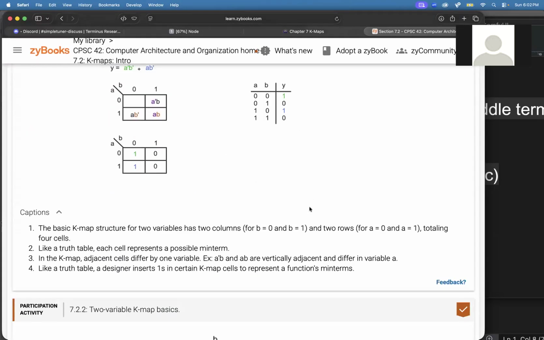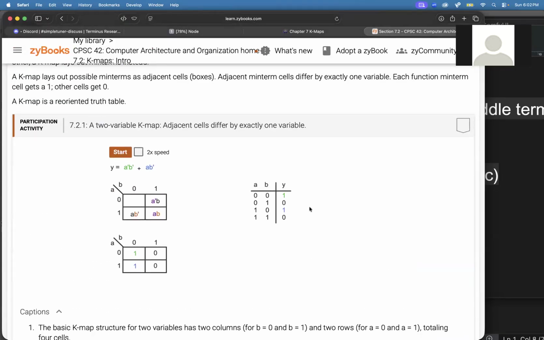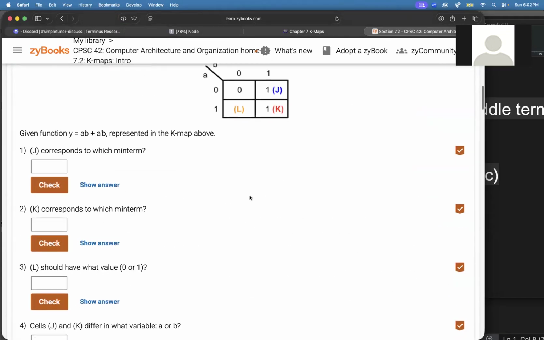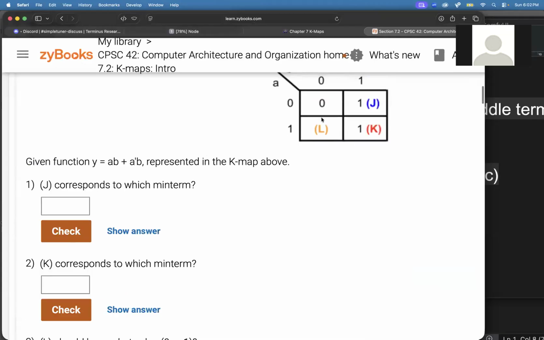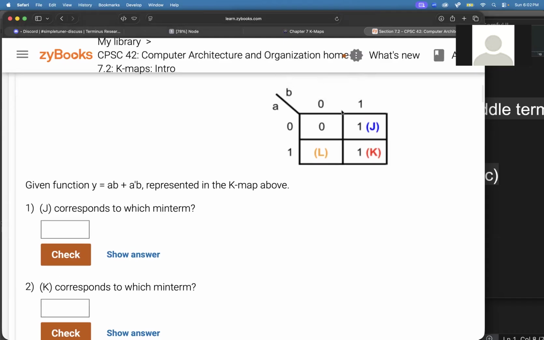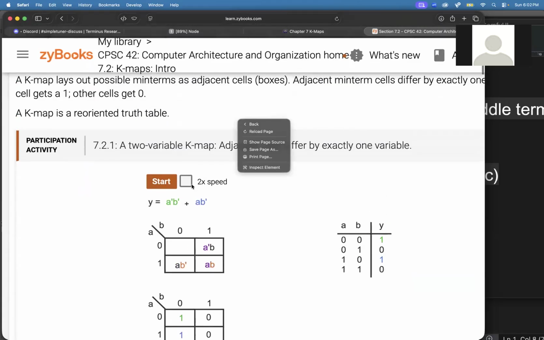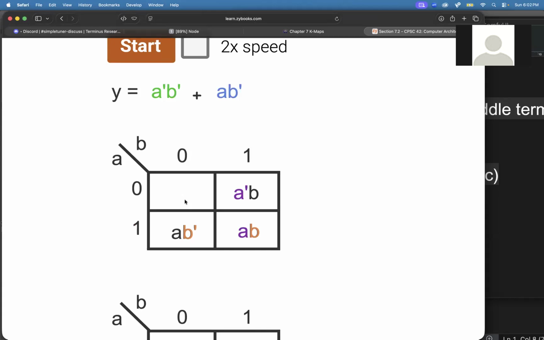We did quite a bit of K-maps in the lab, and I think people are generally okay with it. When they're talking about there's zeros and ones in these boxes, but also each box corresponds to a minterm. Remember that? Like they are showing you here: not A, not B means A is zero, B is zero.